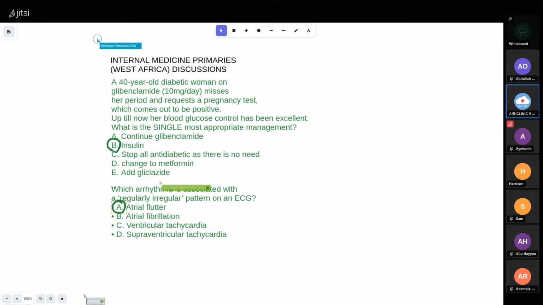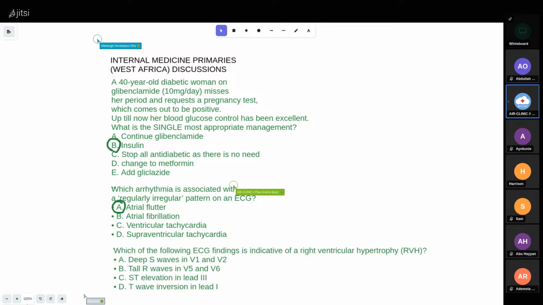So the next question. So atrial fibrillation will cause irregular breathing. So still on ECG, I want us to use today and touch ECGs so that when you see it later, it will not look strange.